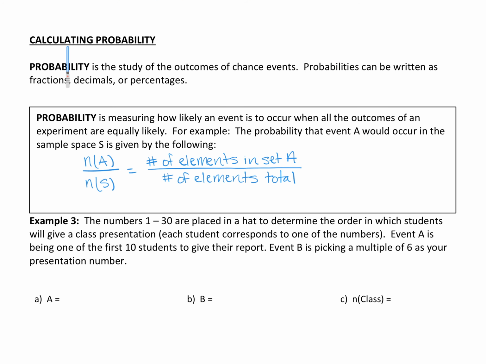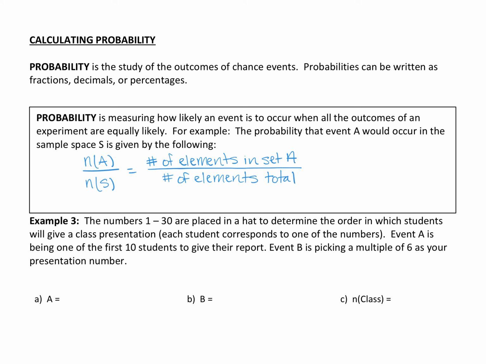Now let's talk about calculating probability. This is the formula for calculating simple probability, and it's taking the number of elements in the set that you're talking about, and you divide it by the total number of elements. So if this example here is talking about the numbers 1 through 30 being placed in a hat to determine the order in which students will give a class presentation, each student corresponds to one of the numbers.